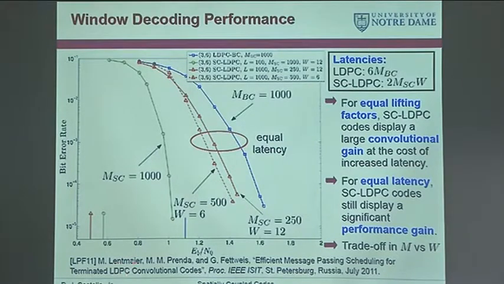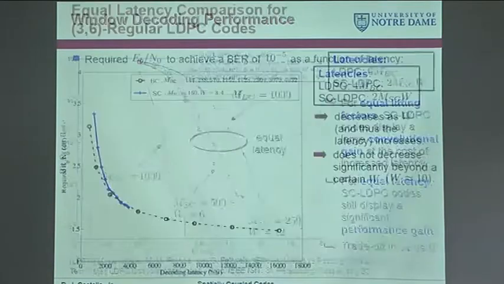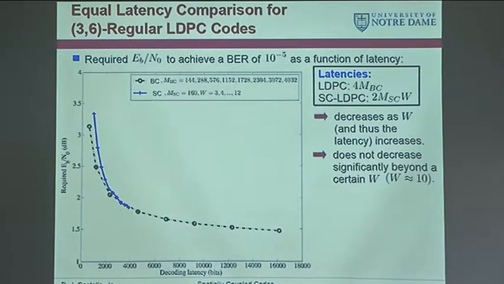This was kind of the first comparison. The paper goes back to an ISIT 5 years ago, comparing these codes at finite lengths and on an equal latency basis. Now this is kind of a more detailed comparison of the same thing. This is a different kind of graph. Here we're plotting the required signal-to-noise ratio in dB to achieve a bit error rate of 10 to the minus 5.